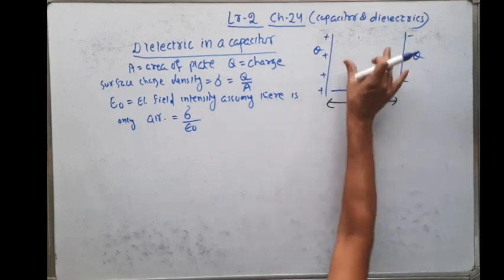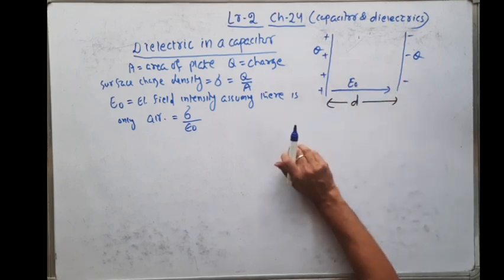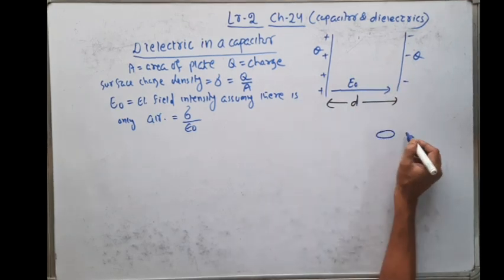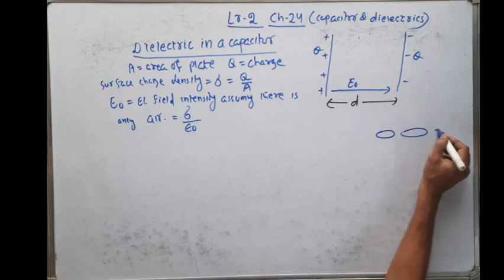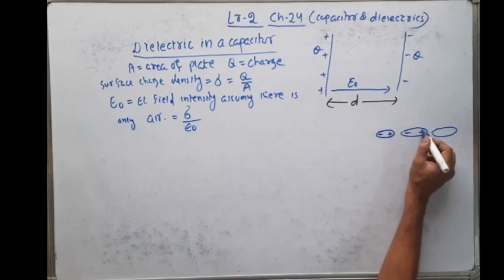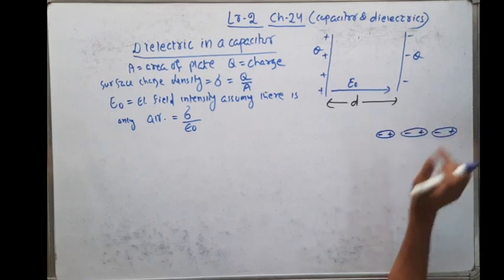Now see, due to this electric field, what will happen? The dielectric inside this capacitor will be polarized. Dielectric consists of very small dipoles. Every dipole is two equal and opposite charges separated by a very small distance. These are the molecules of the dielectric.